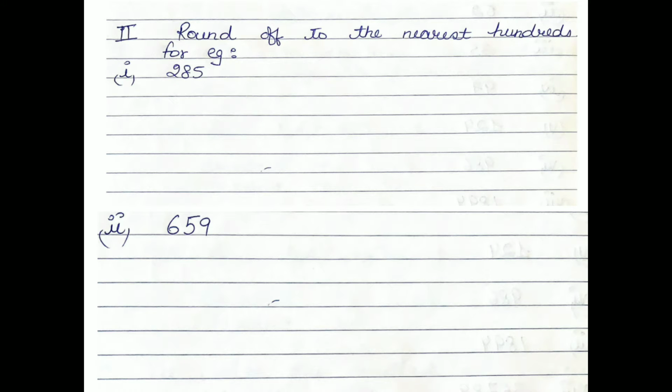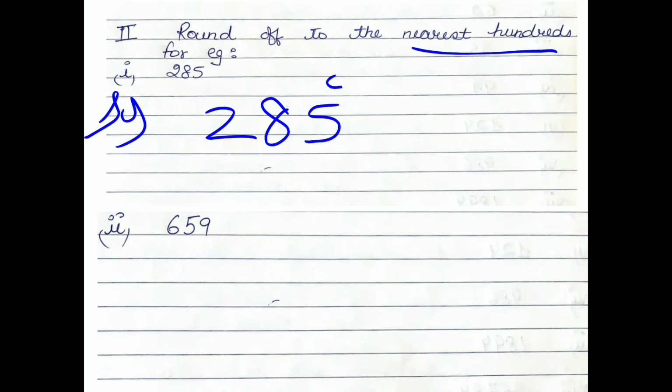Firstly we do some examples and then we move to activity 7, question number 2. First example is 285, means you have to round off 285 to nearest 100. So firstly you have to write 285. Above the number write down ones, tens, 100.